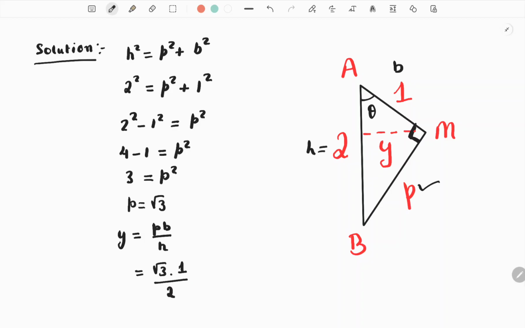So therefore the value of y is equal root 3 into 1 is root 3 divided by 2. So y is equal root 3 by 2.